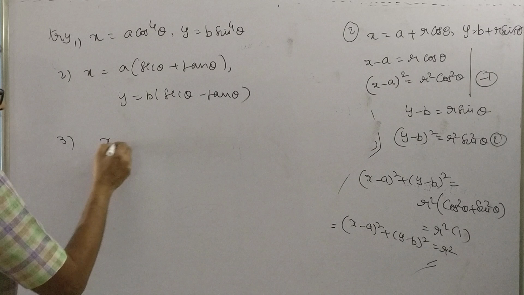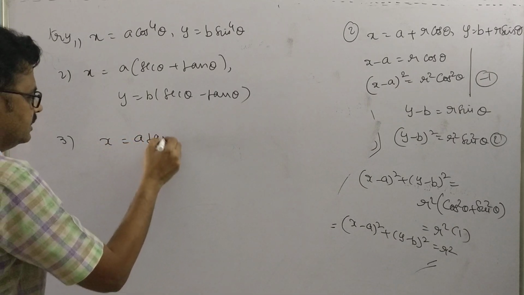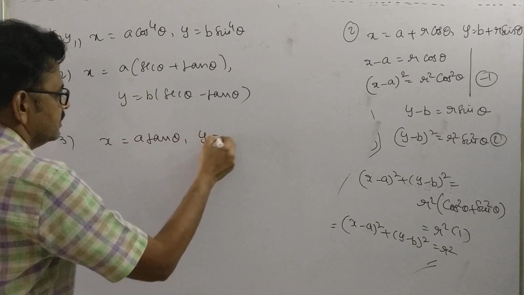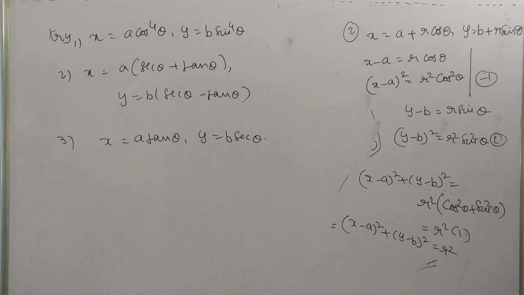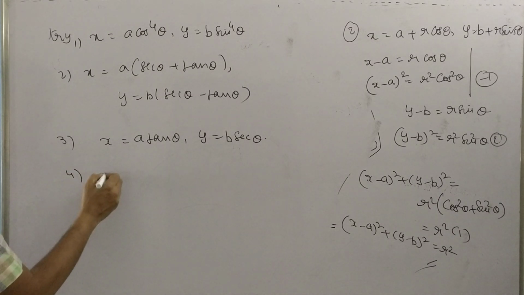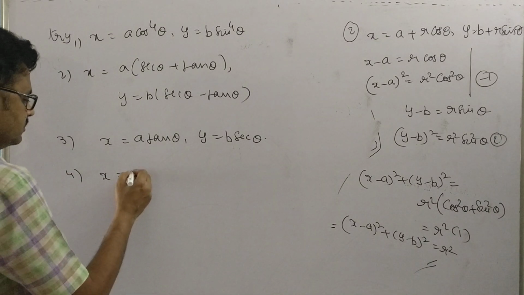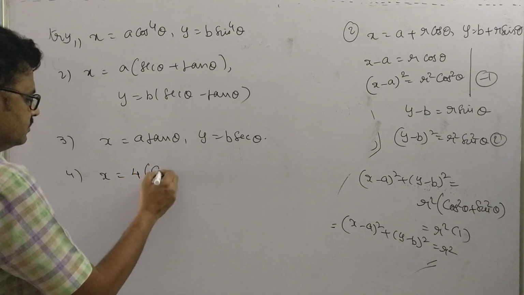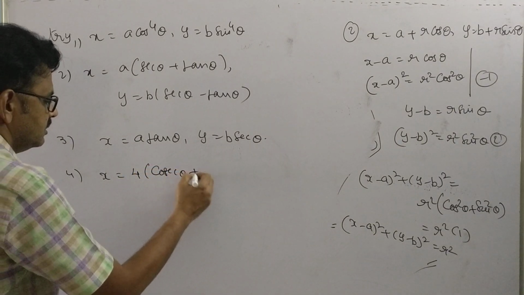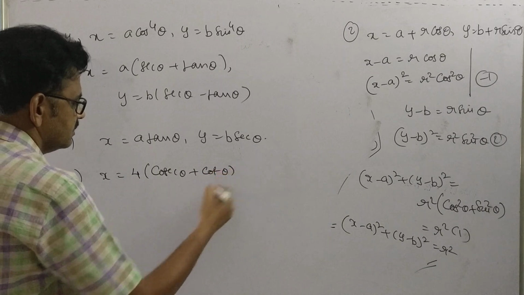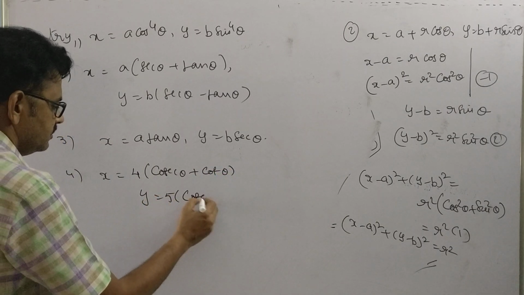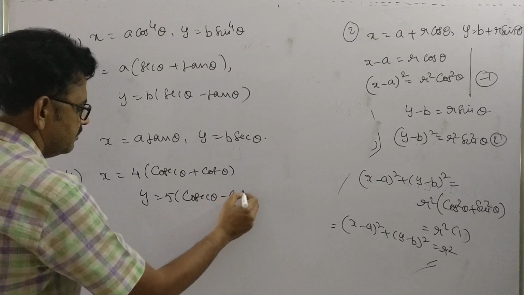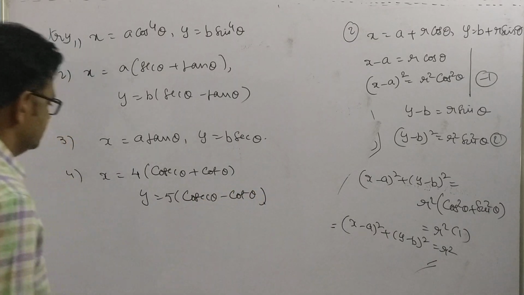Third problem, x equal to a tan theta, y is equal to b secant theta, eliminating theta. Fourth one, x is equal to 4 into cosecant theta plus cot theta, y is equal to 5 into cosecant theta minus cot theta.